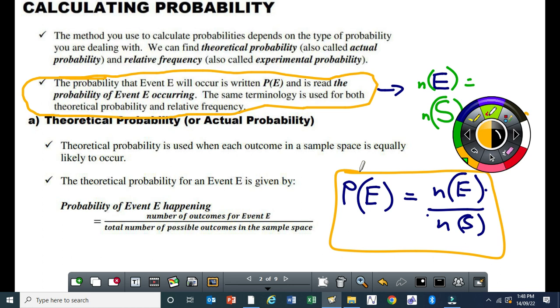The quality of your work must be of a higher standard. So the probability of any event is equal to the number of favorable outcomes, that is n(E), divided by the total in the sample space. Remember the total in the sample space is the number of all the possible outcomes of that specific event.